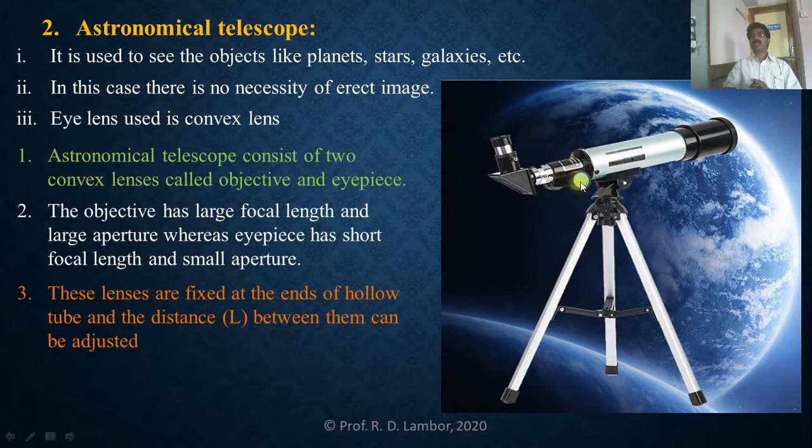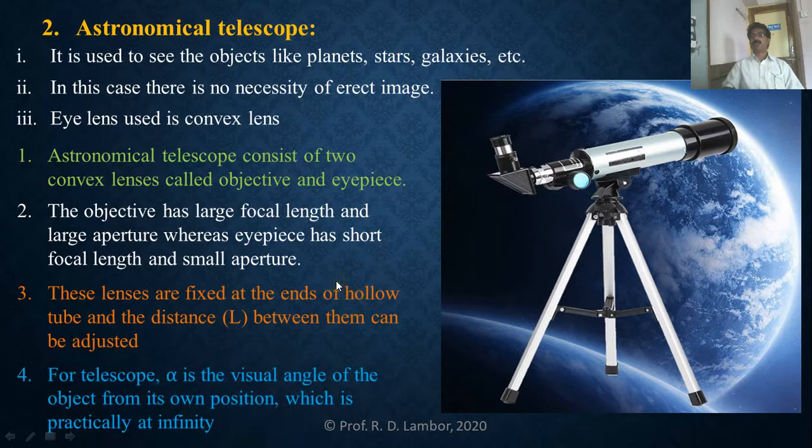Here is the adjustment to change the distance between eyepiece and objective. The distance between the eyepiece and objective is also called the length of the telescope, just like the length of a compound microscope.